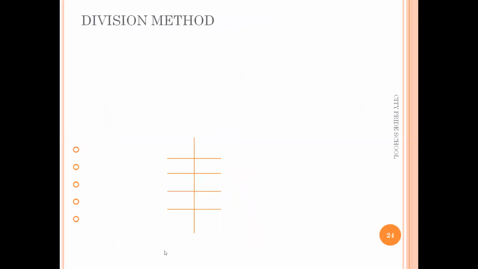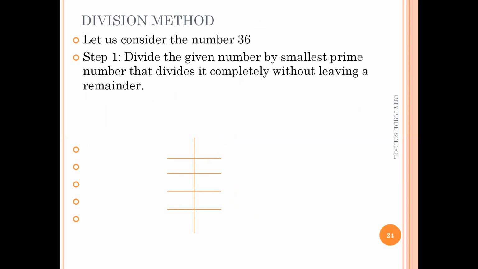There is another method, that is the division method, and in this let us consider the number 36. Step 1 is to divide the given number by the smallest prime number that divides it completely without leaving a remainder.